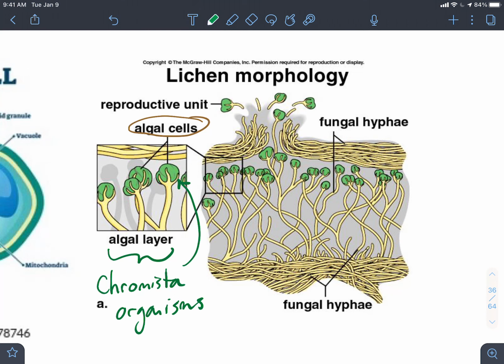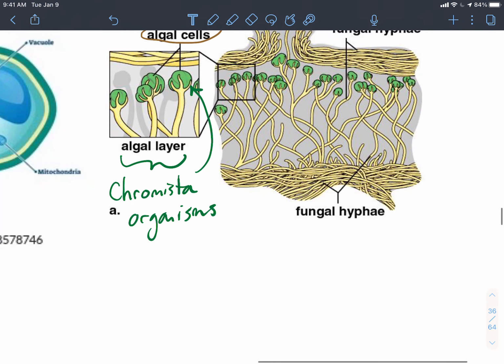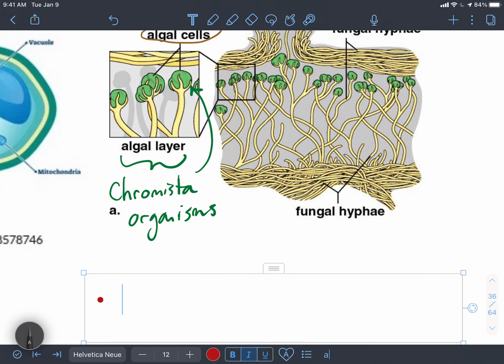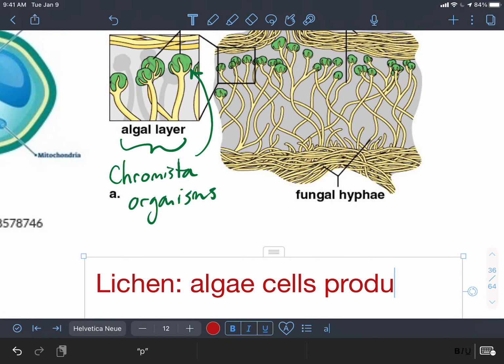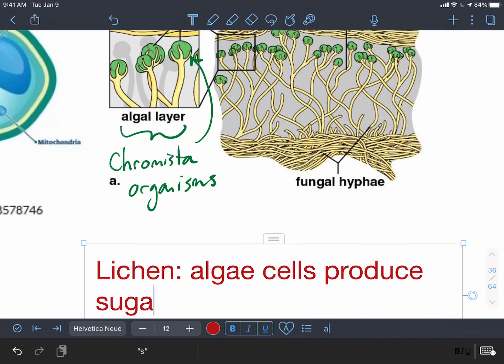I'm just going to do a little bit on lichen here. We don't need this. We can get rid of that. Okay, so in the lichen, the algae cells produce sugars.